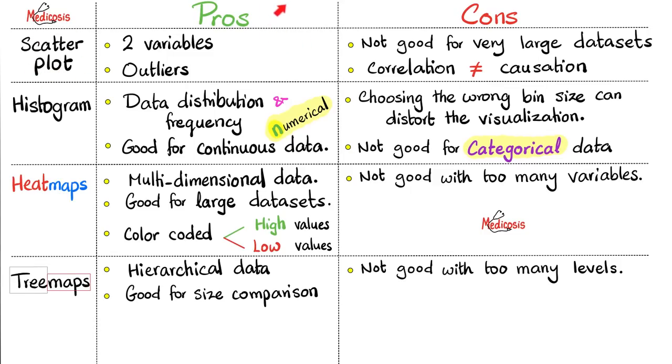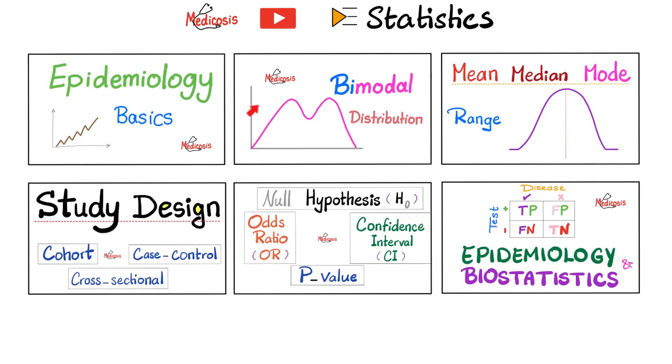But please remember, just because two variables are correlated doesn't necessarily mean that one of them caused the other. Histograms are robust for numerical data, but they are bad at categorical data. Heat maps use colors: cool, cooler, the coolest; warm, warmer, the warmest. Tree maps are very good for data in hierarchies, and they are good for size comparison. Learn more in my statistics playlist.